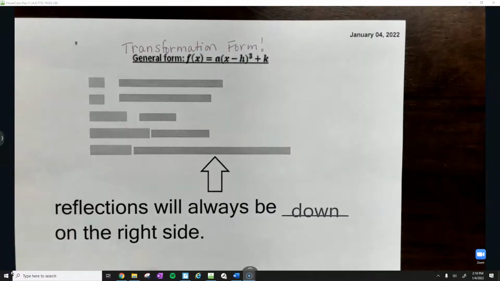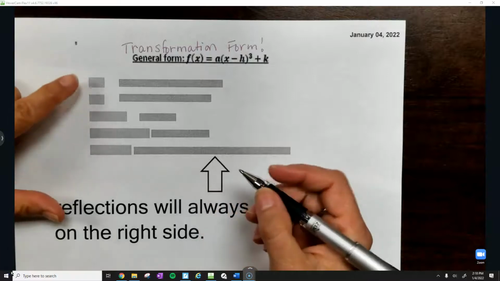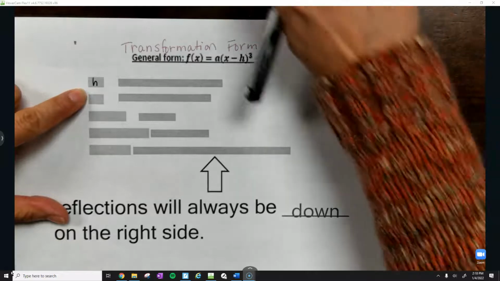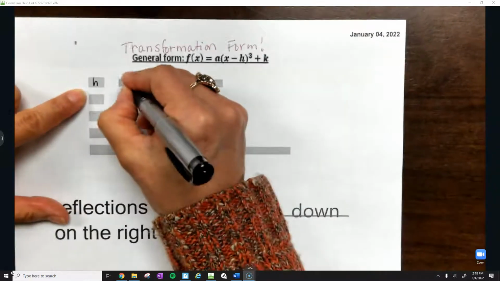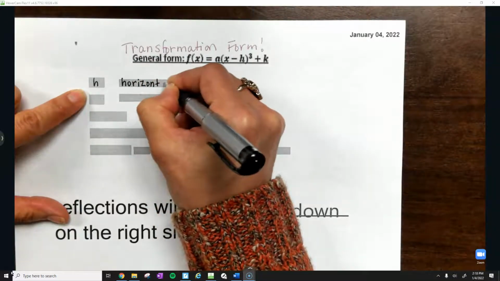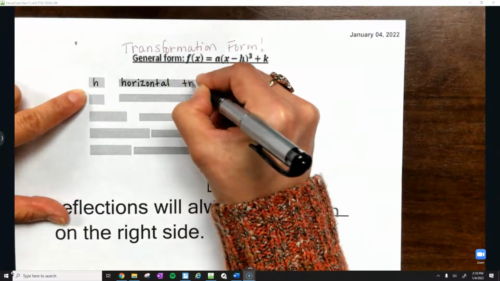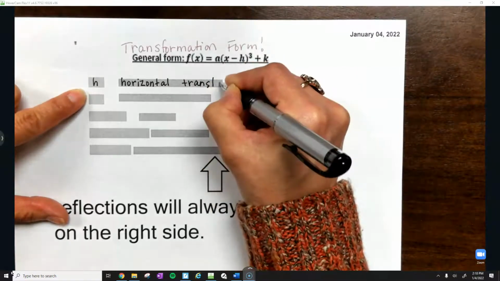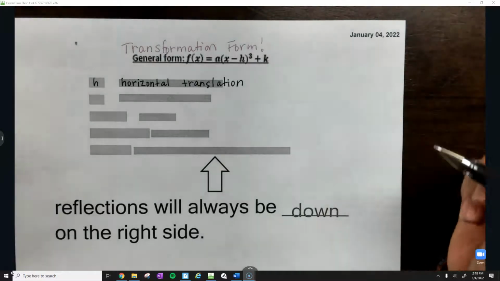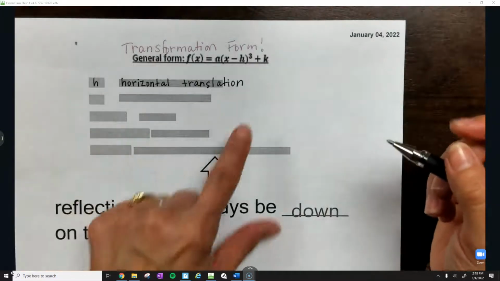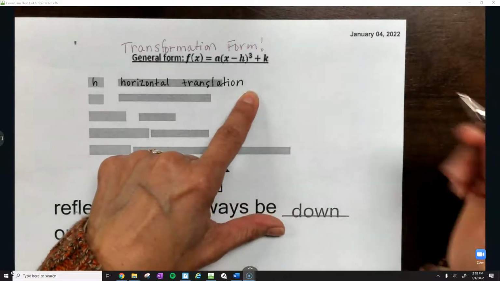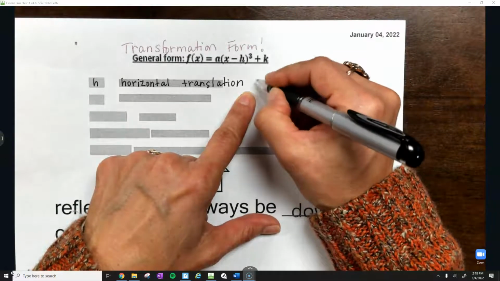The first thing that we're going to talk about is the letter H. Now remember, the letter H is your horizontal transformation. Actually, I'm going to call this horizontal translation because it's a sideways slide. And guys, you know this, we're just reviewing. So remember, H is a horizontal translation from the vertex, from the origin, from HK in the parent function.